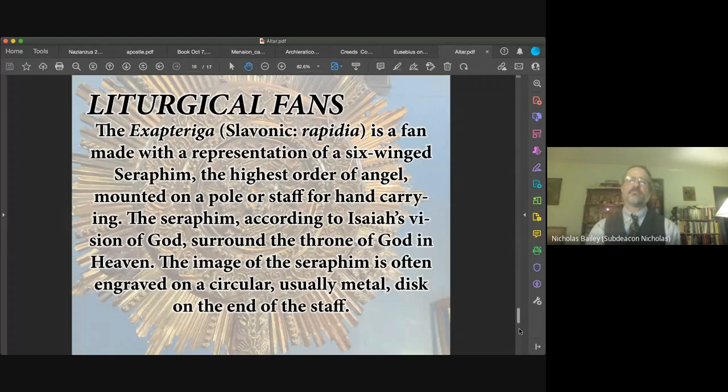And so in the middle is a carved relief image of the six-winged seraphim. They're made out of metal. Sometimes they're made out of wood, wood carving, or sometimes they're painted like an icon.